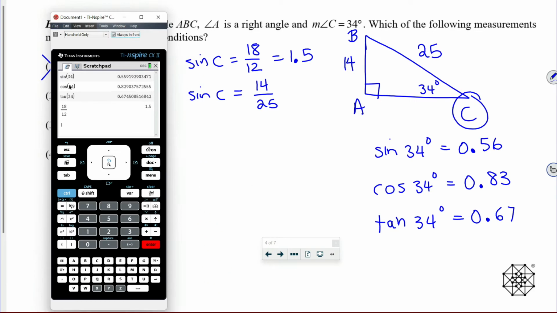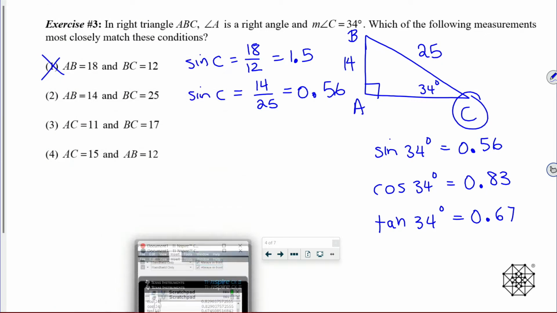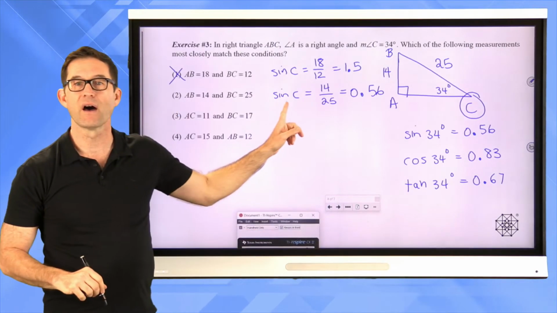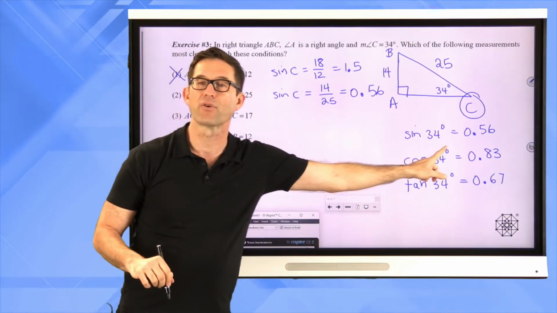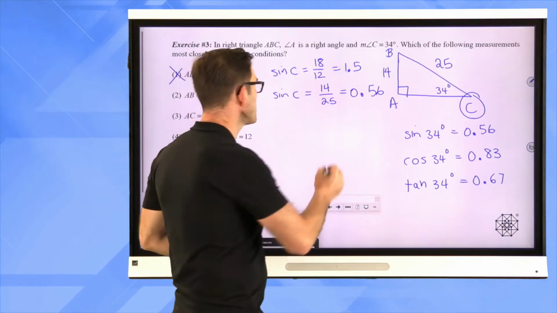Let's again see what that's equal to. 14 divided by 25. And that's 0.56. And there's my winner. Sine of C, 14 divided by 25, 0.56. Sine of 34 is 0.56.